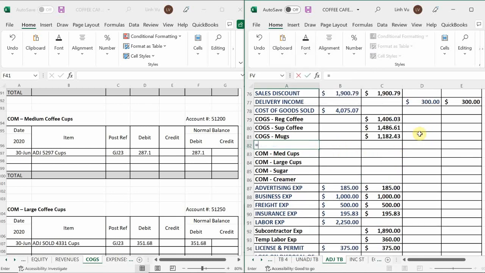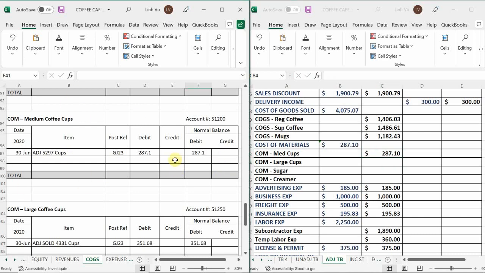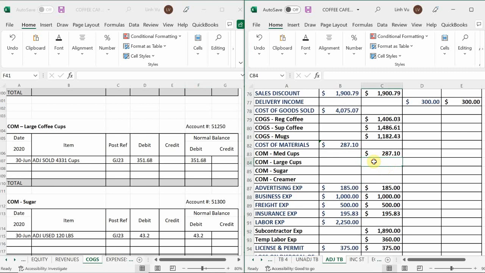So the main account is going to be a sum of your cost of materials for the medium, large, sugar, and creamer. Okay. So in this case, what was my total cost of materials for my medium cups? It was $287.10. Okay. My large cups was $351.68.